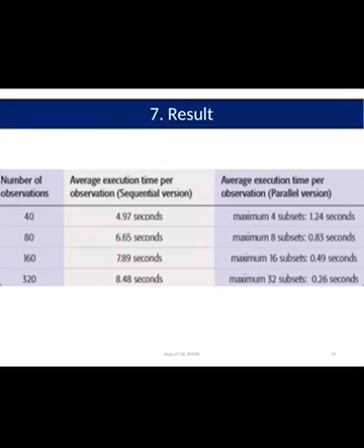Next, this table gives the performance of the monitoring and prediction model with varying number of collected observations, based on both sequential and parallel execution. Here we can observe that by executing in parallel, the computation time is very minute compared to sequential.